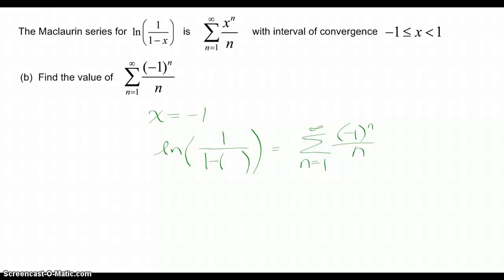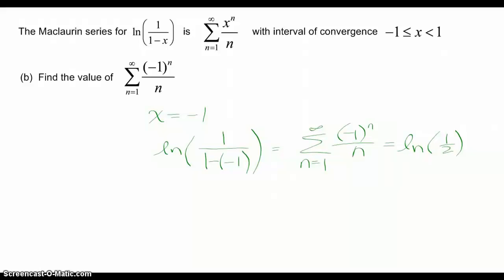Again, another time saver. I don't have to expand it and put values in and all that kind of stuff and see what's going on. Here, x is -1. So the sum of this series has to be the natural log of 1/2. And that was quite quick.